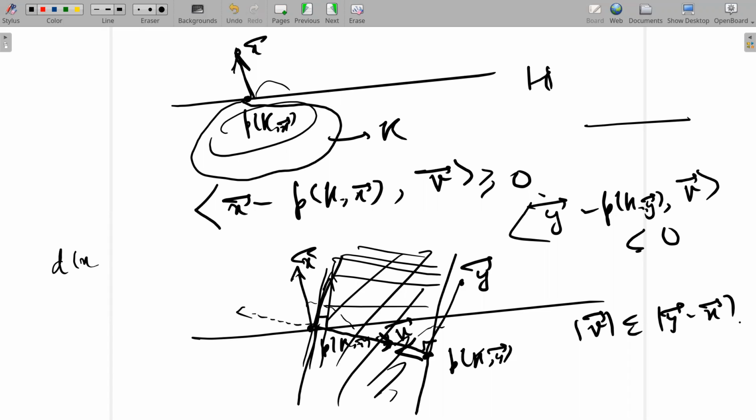If you define distance of x to A as the infimum of all d(x,y) such that y belongs to A, we want to say the distance of x1 and x2 is greater than or equal to, I guess, twice the distance of x. Yeah, I don't think so. Here, if we use the triangle inequality, then we'll get two there.